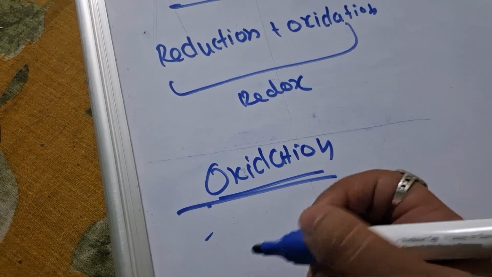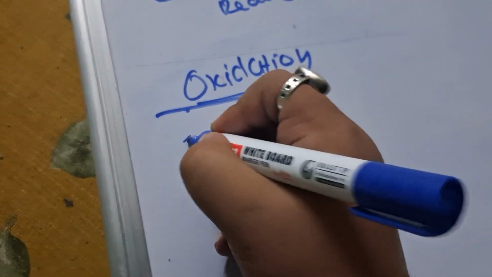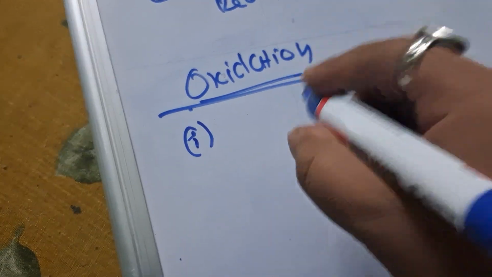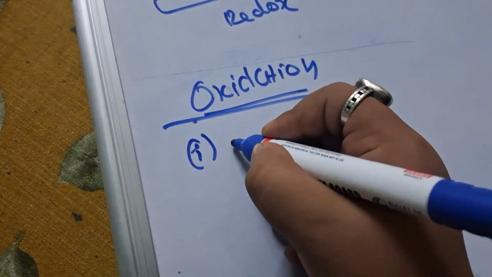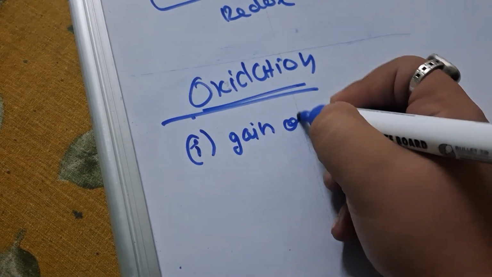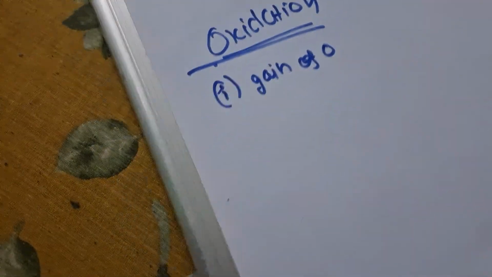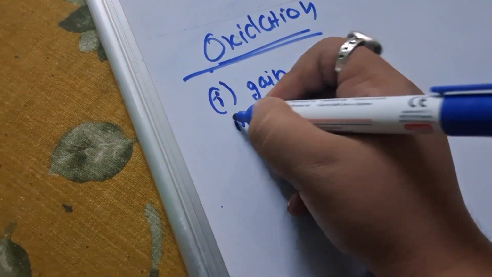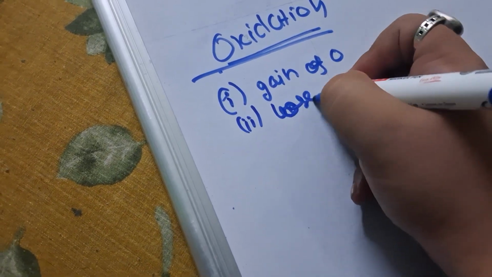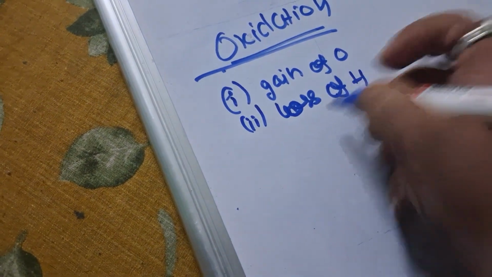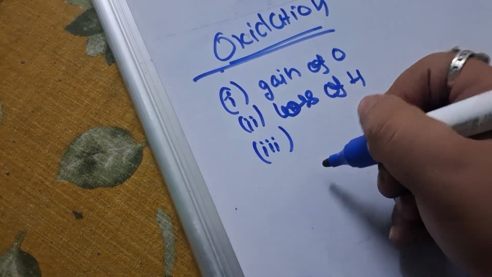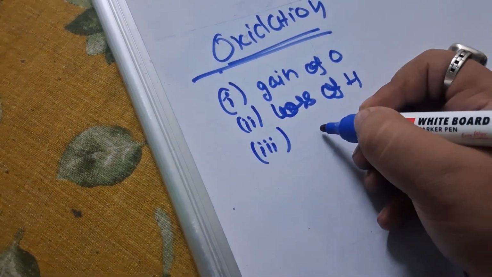So, what are the ways of oxidation? Now, we don't really need to know why, but for now, just know what is oxidation. Gain of oxygen is, of course, oxidation. Loss of hydrogen. Loss of electron.